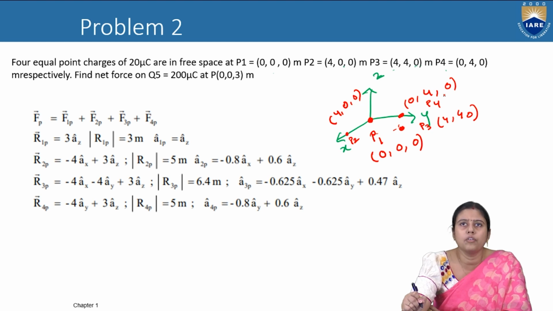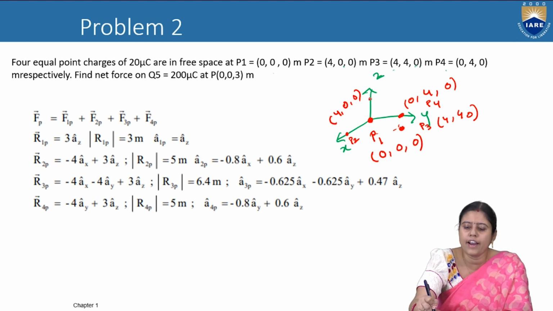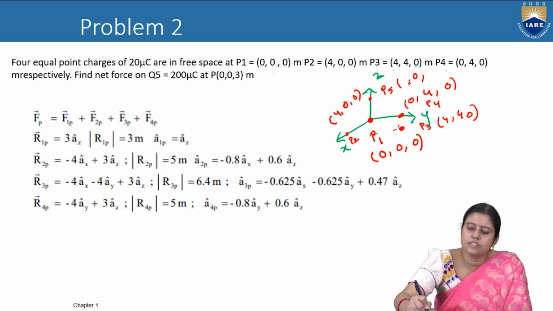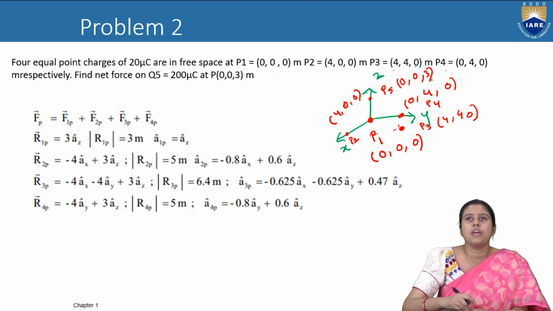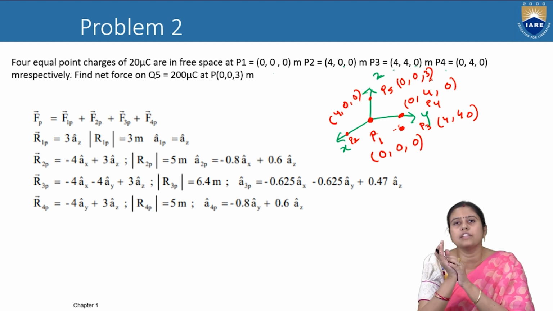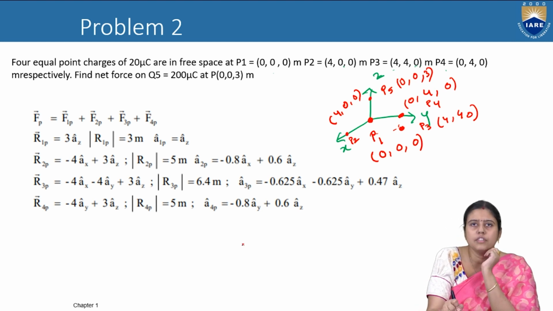We have to calculate the force on another charge Q5. What is the value of Q5? 0, 0, 3. For solving this problem, we have to use the superposition theorem.